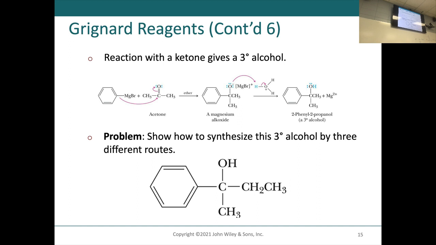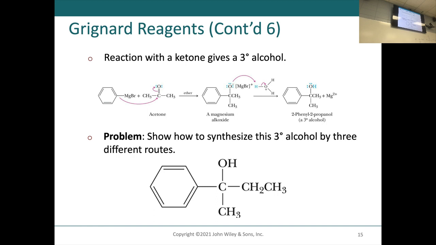So in the last couple of minutes that we have, I want you to work this problem in your groups. I want you to figure out how to make that alcohol. I found this on the web. You have to use a Grignard, but you can pick whatever you want.